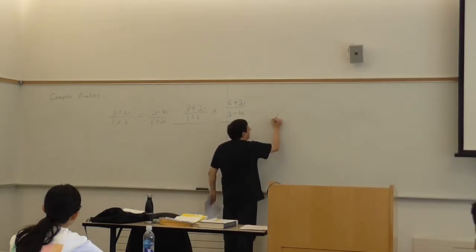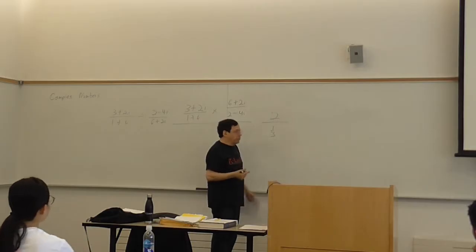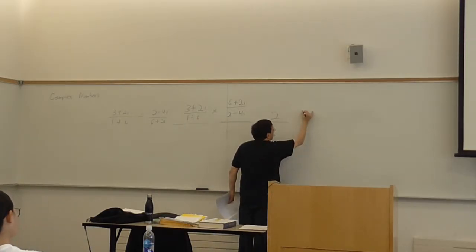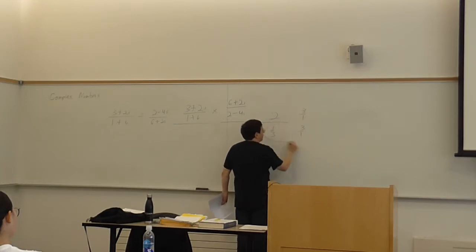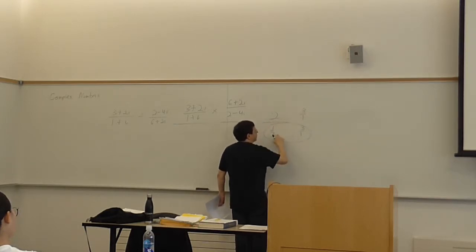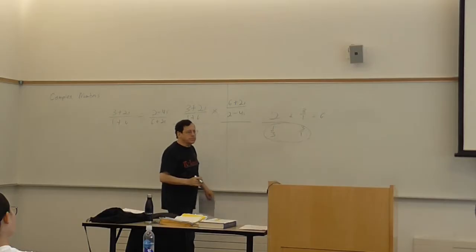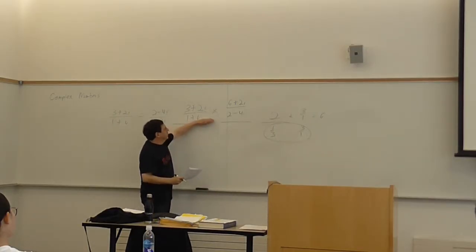Let's say I had 2 divided by 1/3. I want to divide by 1/3, so I multiply by the reciprocal. Again, this becomes 1, and that's the reciprocal of a third, so that's just going to be 6. Okay, I guess I don't have to finish this.